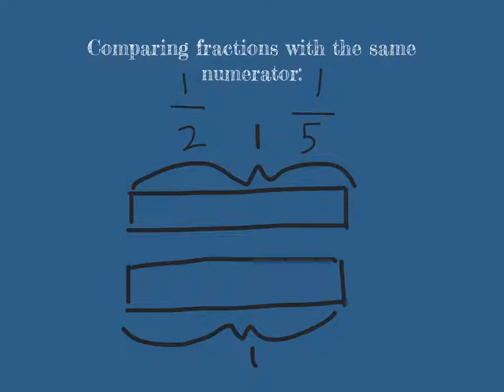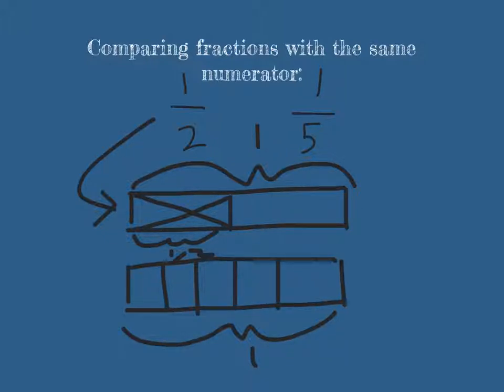The first one will be 1/2. To do that, we need to split it in half. We'll split it right down the middle, and we'll X in the 1/2. So that's 1/2. Same thing for the 1/5, except we need to split it into 5 parts. So 1, 2, 3, 4, and there's your 5th part.